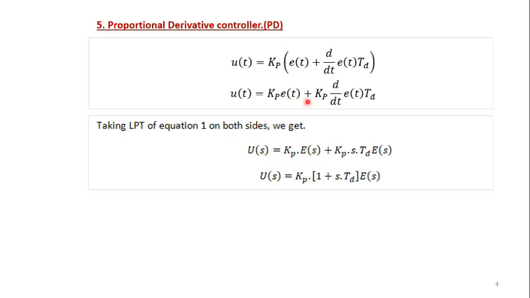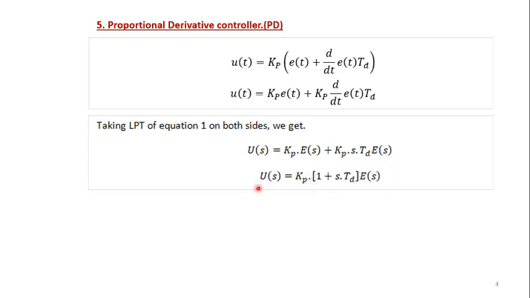The Laplace transform of e of t is E of s, then Kp plus the Laplace transform of d by dt of e of t into Td will be s into E of s into Td. Rearranging, we write it as Kp into s into Td into E of s. Here Kp is a constant and we can take it outside, and E of s is common, which we can take to the other side to bring it into transfer function form.